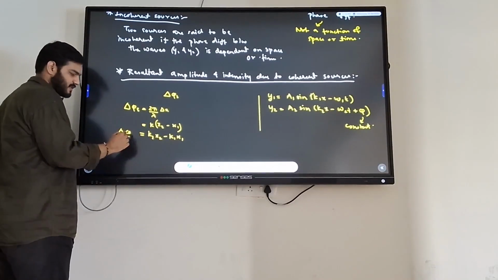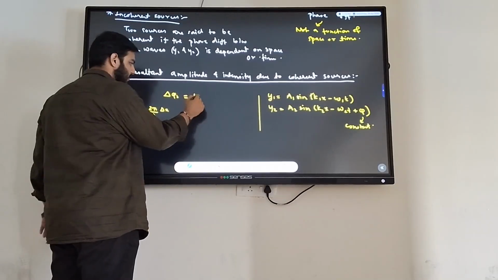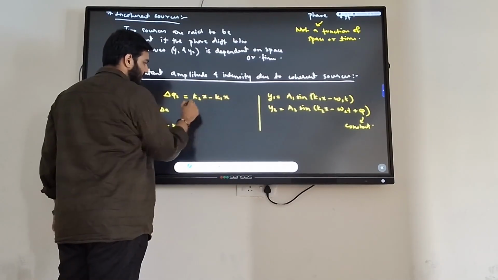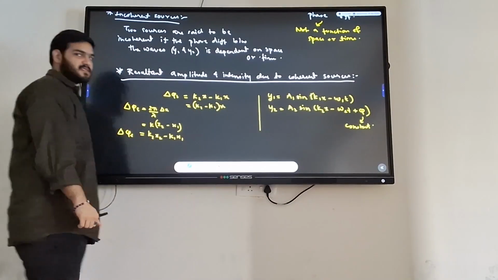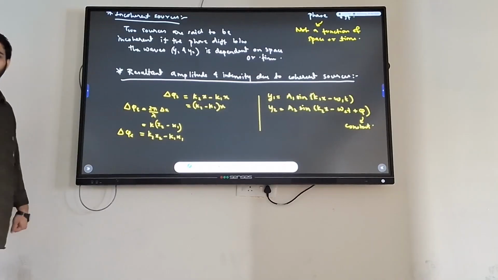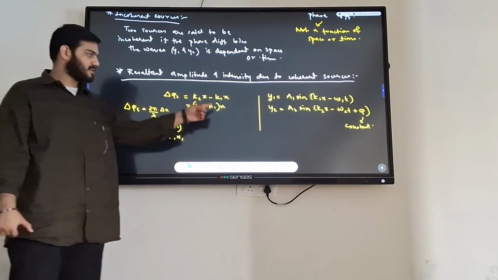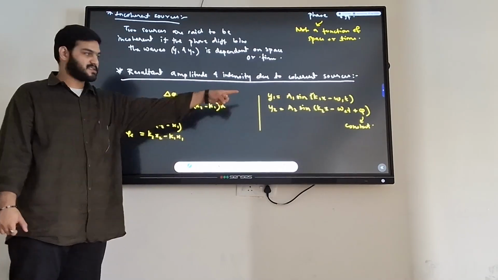This is the delta phi s. Then let's write the delta phi s. I think x's are same here. k2x minus k1x. Then you have (k2 minus k1) into x. Is this phase difference 0? Obviously not. k1 and k2 are in general some different values. Then do you have a phase difference which is dependent on space? You do have that in this phase.